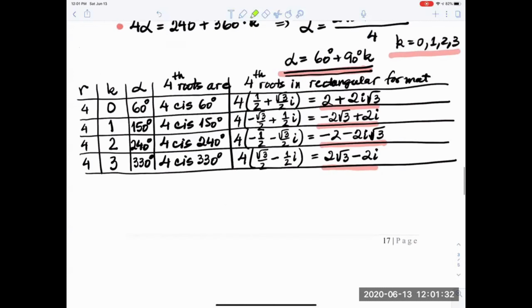It's kind of like graphing all of these. If you put them in a plane, the x coordinate is 2, for example, for the very first one I'm looking at, and the y coordinate, which is the imaginary part, is 2 root 3. So you take your calculator, root 3 is 1.7 and so on, times 2, and that will be on the y-axis, and you draw a vector. That's pretty much what we're going to do here.